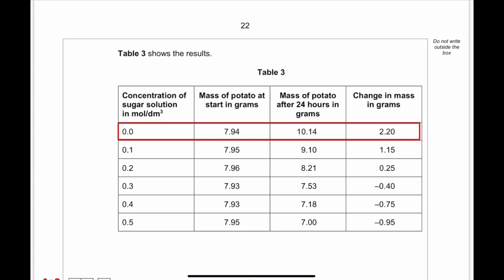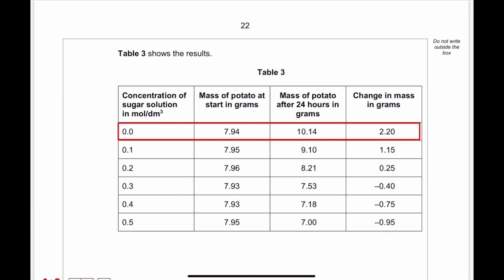Table number 3 shows the results. The concentration of sugar solution in mole per dm cube is given: 0.0, 0.1 molar, 0.2 molar, 0.3 molar, 0.4 molar, and 0.5 molar solution.